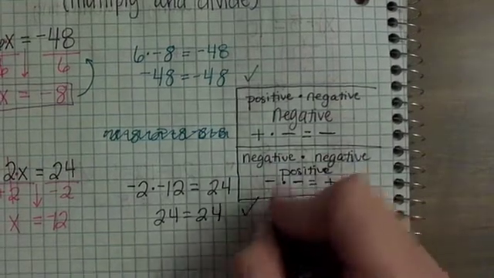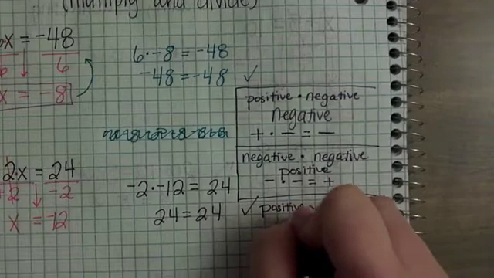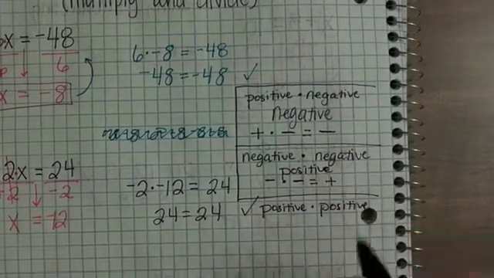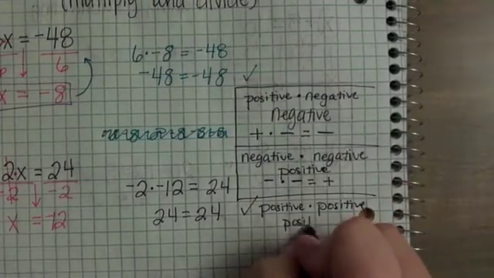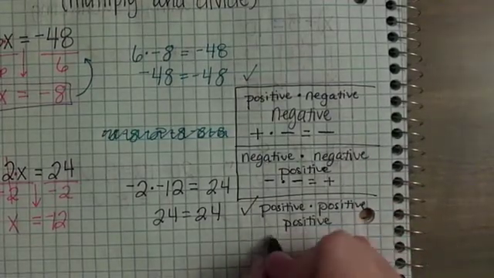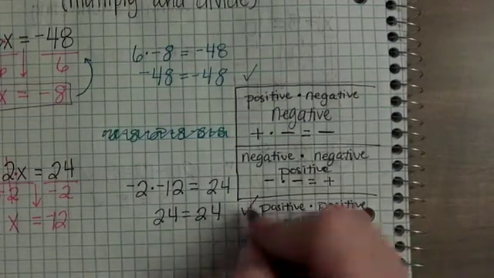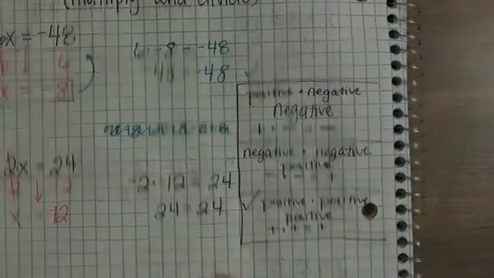We're going to write the last possibility. So a positive times a positive. A positive number times a positive number gives you a positive answer. Or a positive times a positive equals a positive. So you might want to highlight that.